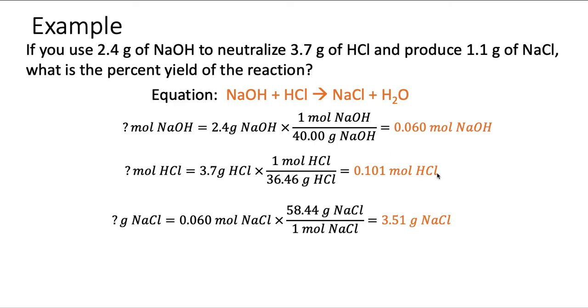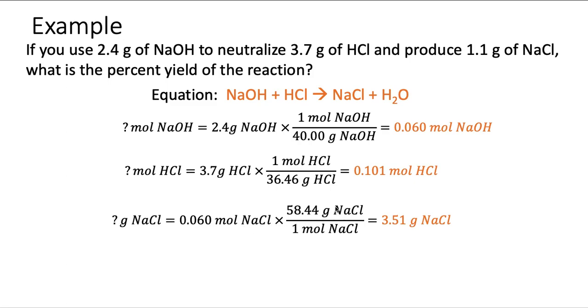Now I have to convert this amount of moles of NaCl to grams of NaCl so I can find the percent yield. Percent yield is only found from mass in grams, not in moles. I can do that by knowing the molar mass of NaCl, which is about 58.44 grams. 0.06 moles of NaCl.